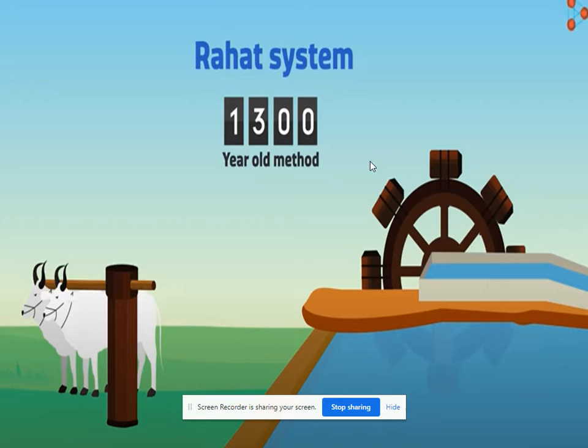Next one is the Rahat system. So what is this Rahat system? Here the cattle were used, and one vertical rod was kept. The wheel was connected with some buckets, or we can say pots, and half of the wheel was inside the water. As the cattle start moving round, the wheel starts to rotate, so these small buckets carry water along with them.